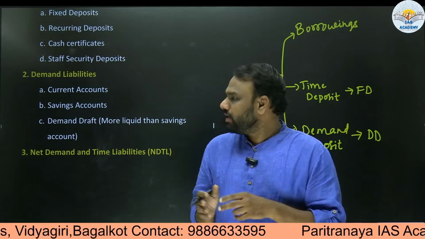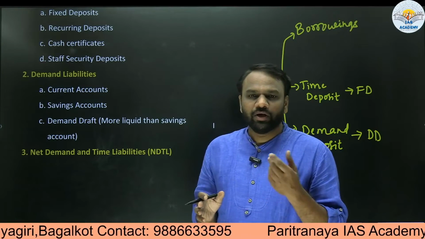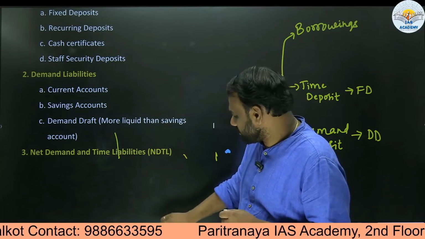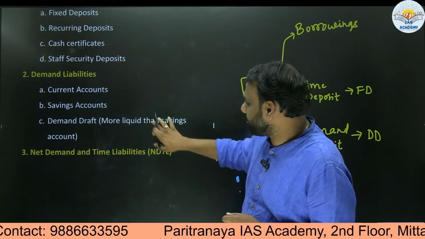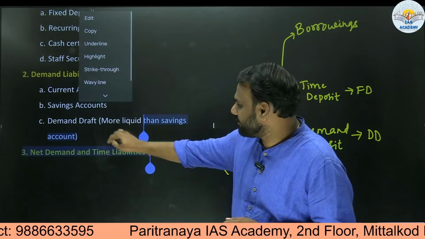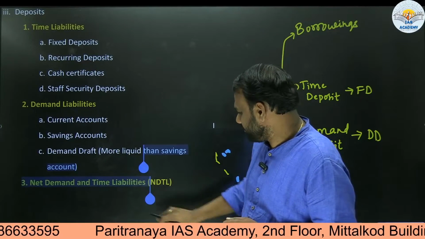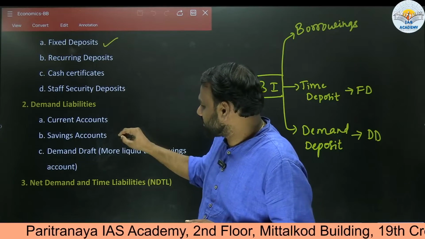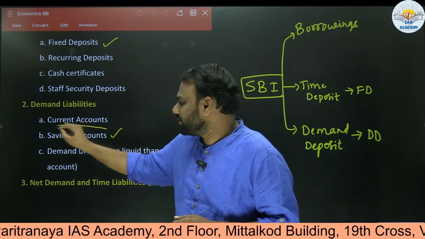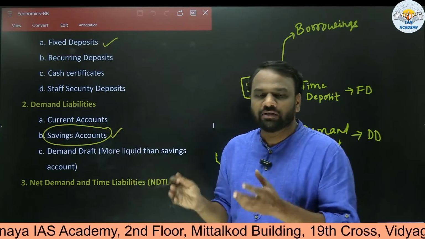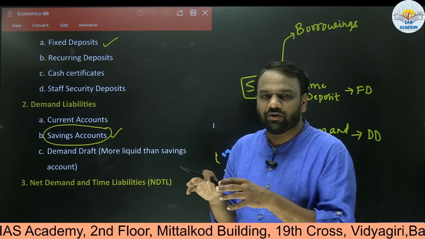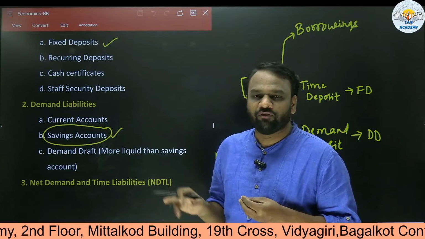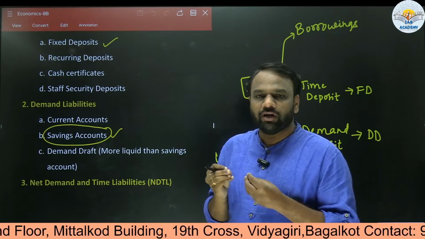Similarly, between fixed deposits and savings account, the savings account is more liquid, because the amount in the savings account can be withdrawn immediately, whereas the amount in the form of fixed deposits cannot be withdrawn immediately.